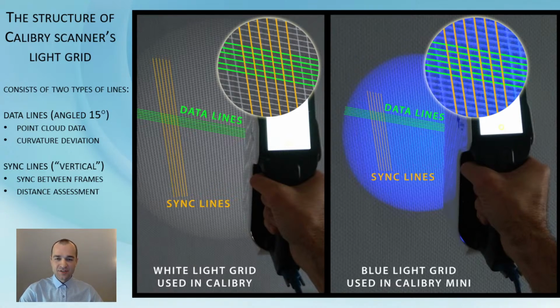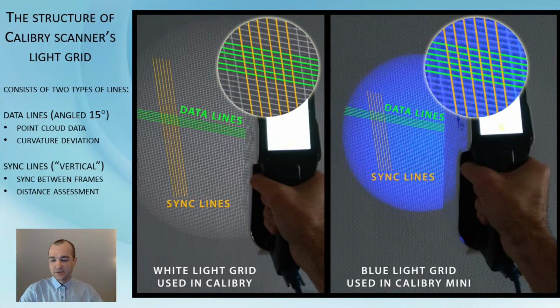They are just an auxiliary tool that the scanner uses, first of all, to stitch different frames together and create the model that we're trying to make from separate frames. And data lines are actually adding those points to the point cloud that we're trying to make.